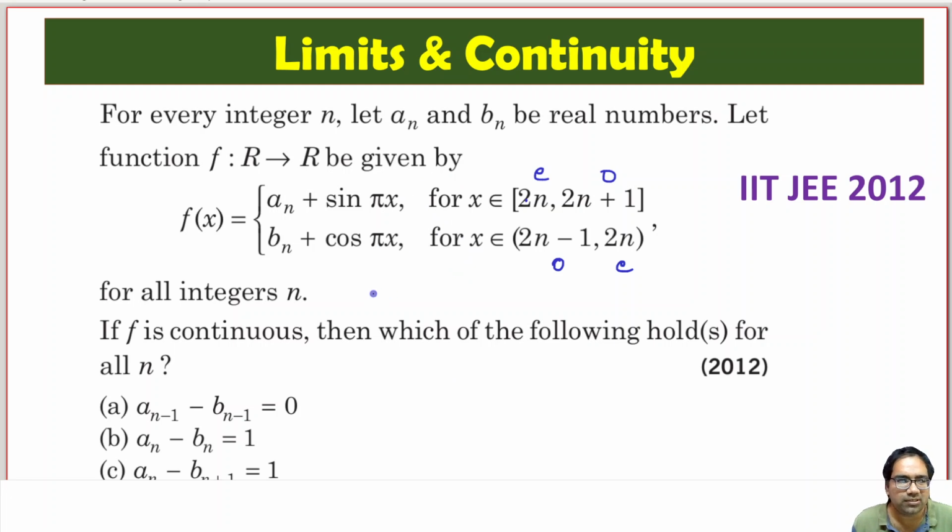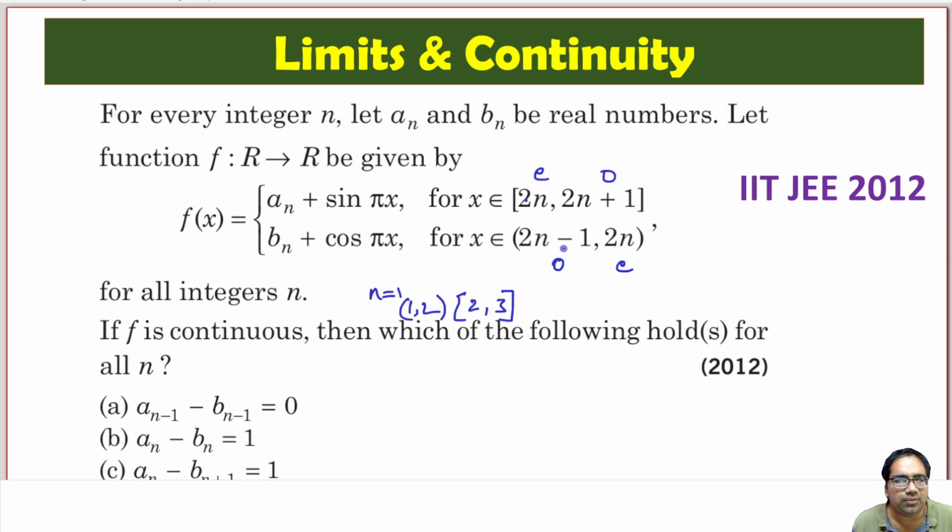What is given? So, for example, when n equals 1, this is 2n and 2n plus 1, that means it is between 2 and 3. And what is this? This is 2n minus 1 and 2n, that is 1 and 2.